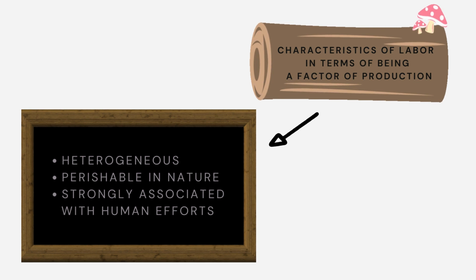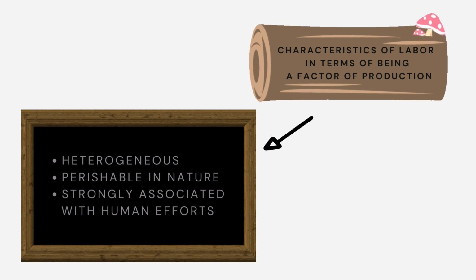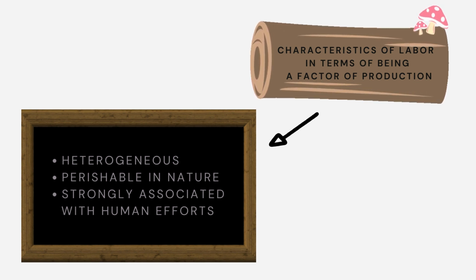First, labor is considered to be heterogeneous, which refers to the idea of how the efficiency of work is different for each person. It differs because it depends on an individual's unique skill, knowledge, motivation, work environment, and work satisfaction.